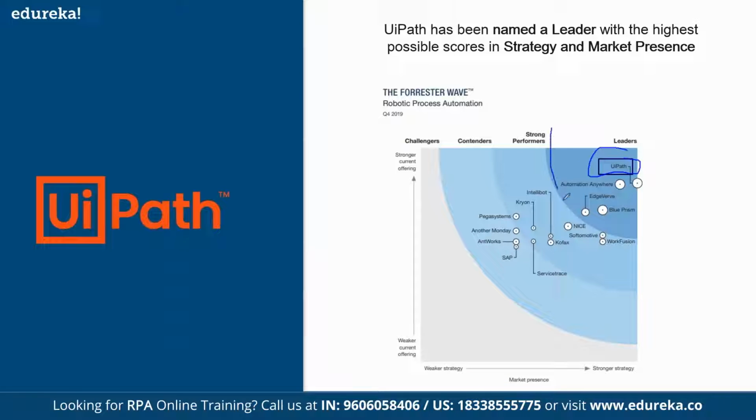This quadrant comes under leaders, and among those you have UiPath, Automation Anywhere, Blue Prism, Edgeverve, and so on, and UiPath is somewhere here, currently leading. The toughest competitor for UiPath is Automation Anywhere.